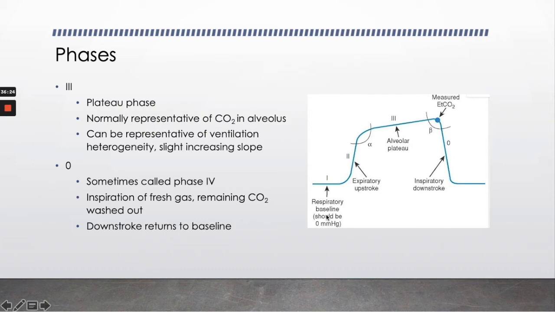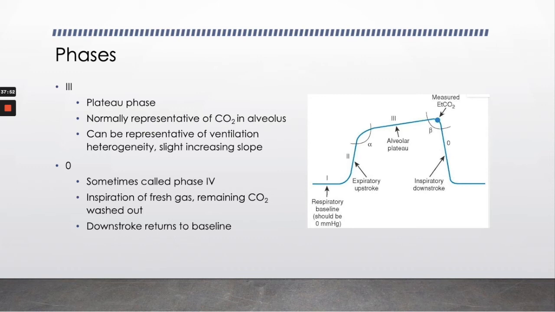Now, respiratory pathologies associated with an increase in ventilation heterogeneity could be asthma, COPD, or acute lung injury, and that gives a steeper upslope of phase three. Just as phase two becomes steeper and the alpha angle flattens out, the alveolar plateau can become steeper. It looks kind of like a shark fin, and I have some examples of these problems as they look on the capnograph as well, okay?